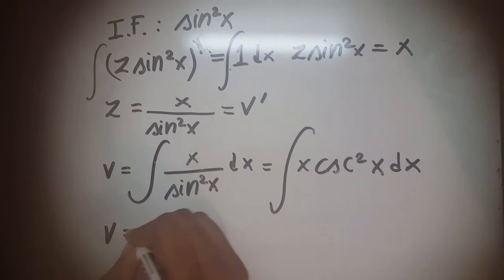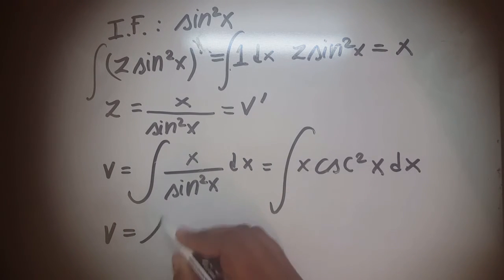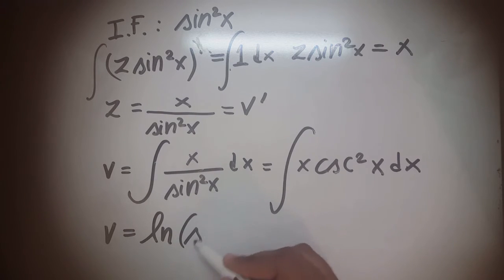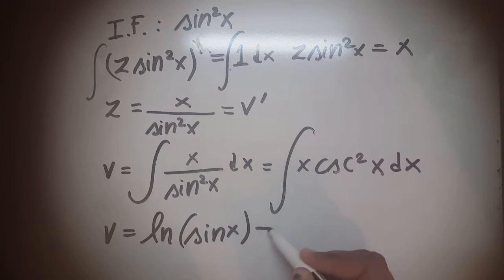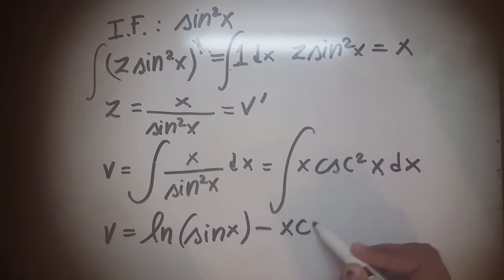After solving it, you will find that v equals the natural log of sine of x minus x times cotangent of x.